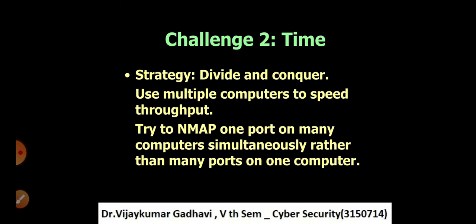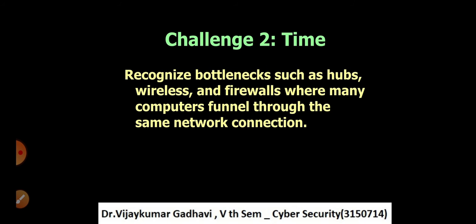That means you can divide each and every task across your devices and computers. Recognize bottlenecks such as hubs, wireless and firewalls, where many computers funnel through the same network connections.